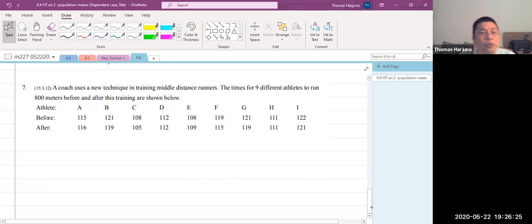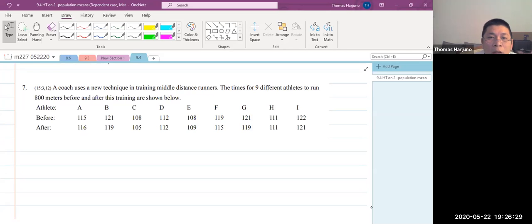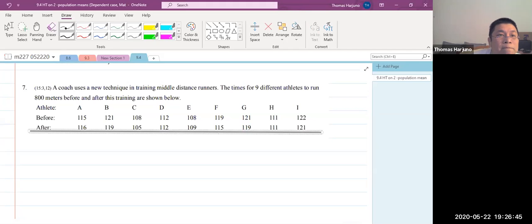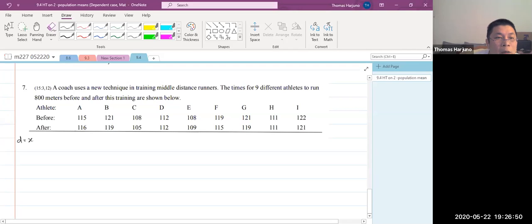A coach uses a new technique in training middle distance runners, and the times for 9 different athletes to run 800 meters before and after training are shown below. What you will need to do first is to find the differences. Your difference will be the data before minus the data after, let me call that x1 minus x2.